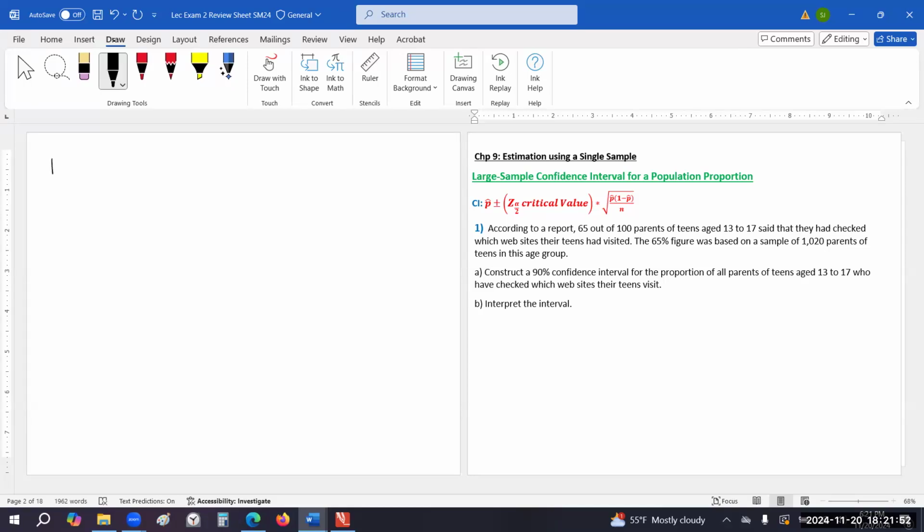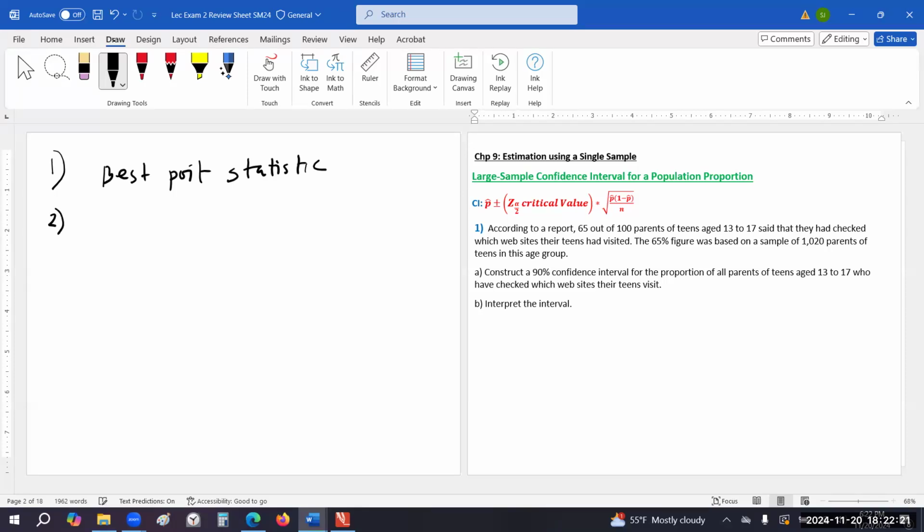Off the top of my head, I remember the best point statistic. What is the best point statistic for population mean or population proportion?